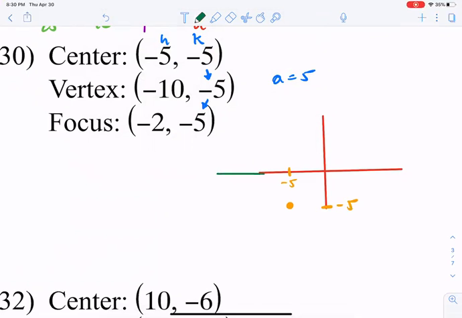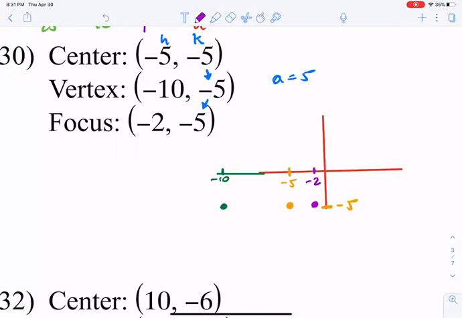So that's here. -10 is around here somewhere. And then this is 5 here. So this is my a value, right? And my focus, they're saying, is -2. So that's -2 here, -2 and -5. Okay, so I know that this is what's happening.